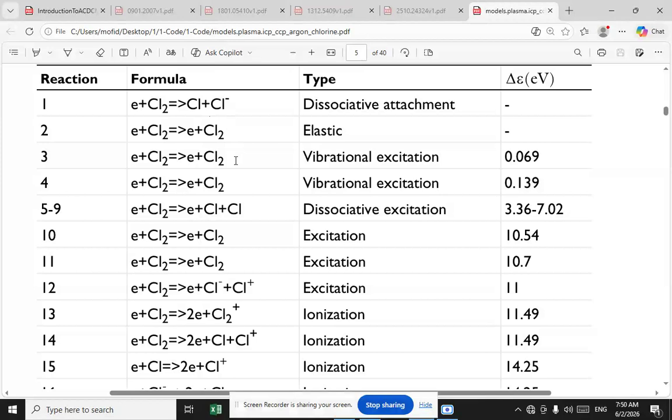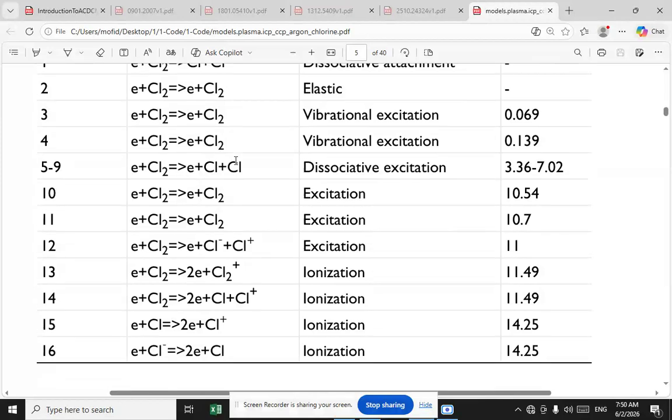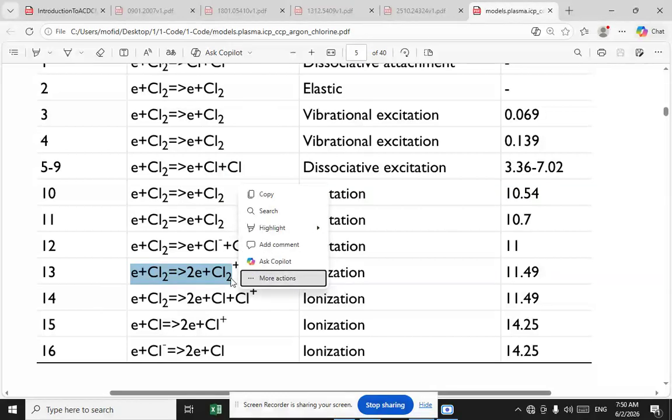Electron plus Cl2 giving electron plus Cl is a dissociative excitation. Electron plus Cl2 giving electron plus Cl2 is an excitation, and so on. For example, electron plus Cl2 giving 2 electrons plus Cl2⁺ is the ionization.